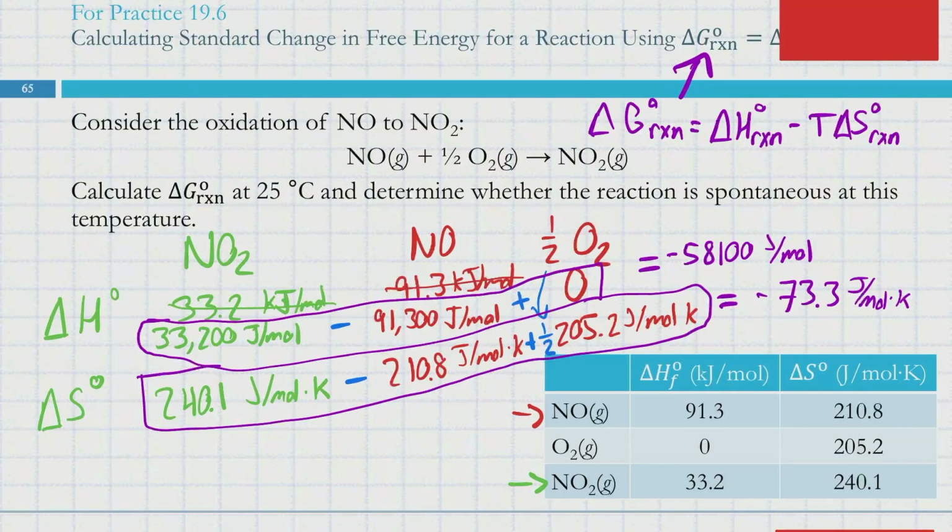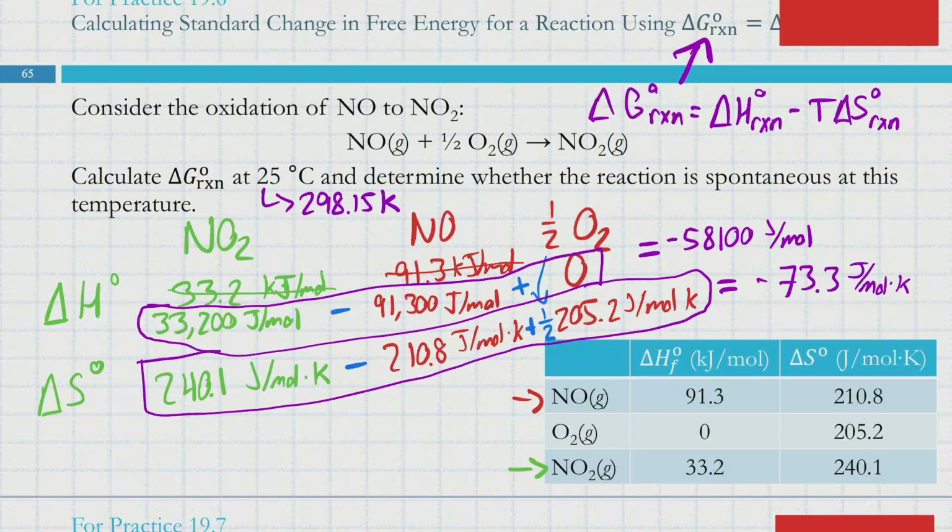And if you don't remember which one goes with the temperature, it's the one that's got the K in the units, right? That'll cancel out when we multiply it. Other thing we're going to do is change our 25 Celsius into Kelvin. And now we're ready to rock and roll.